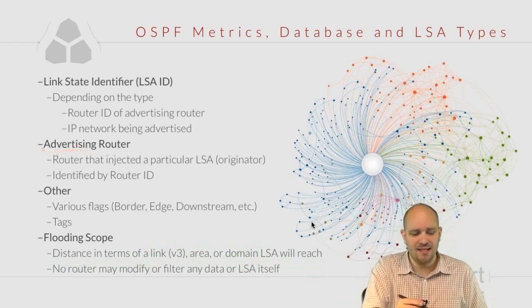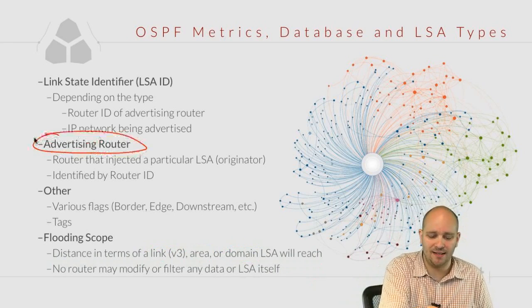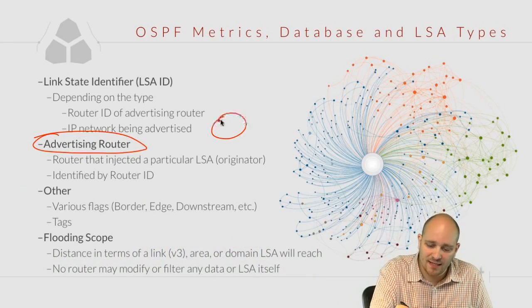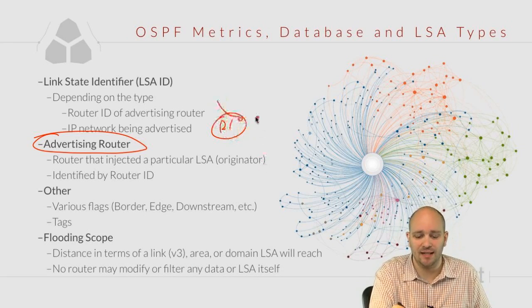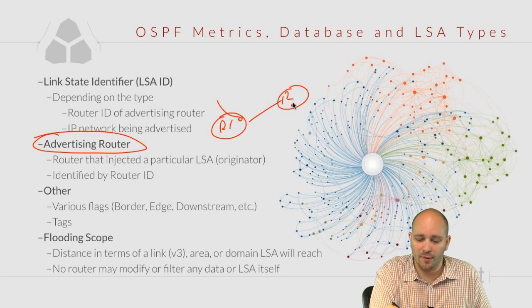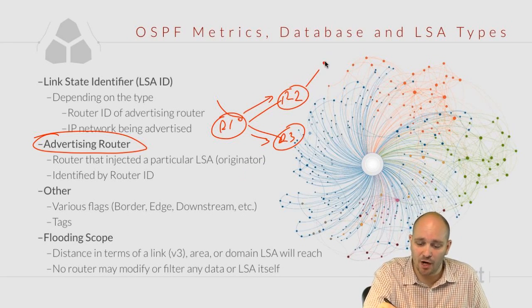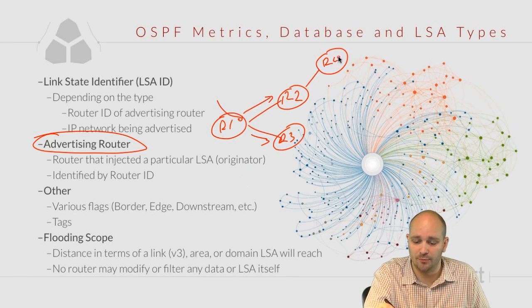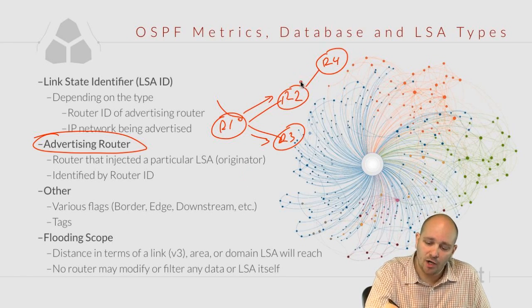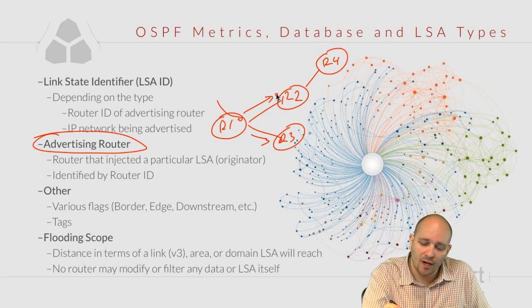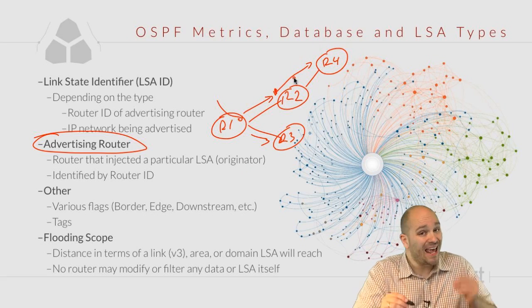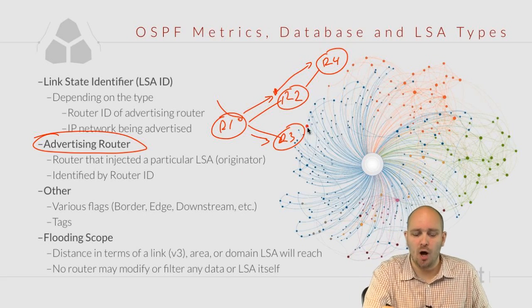When the LSA is injected, when it's generated by the advertising router, let's say that we have our R1 that injects some LSA into the database. This information will be communicated to other routers, for example R2 and R3 in this case. But let's say that R2 here is connected to some router R4. If R2 and R4 are in the same area, R2 will have to forward this information as is to R4.